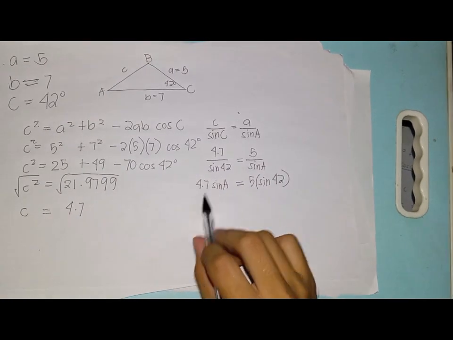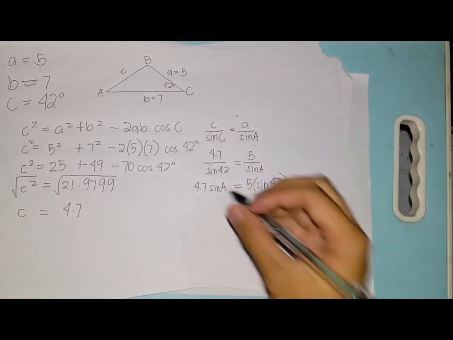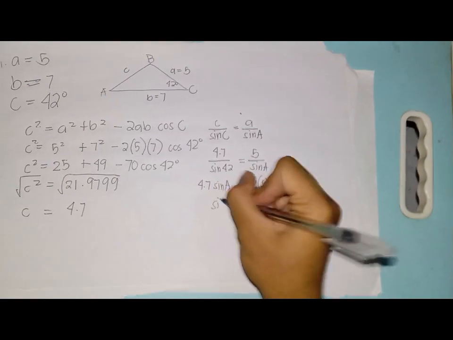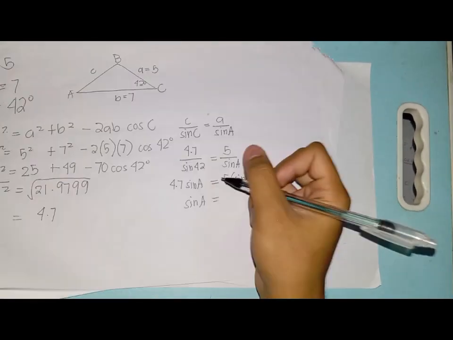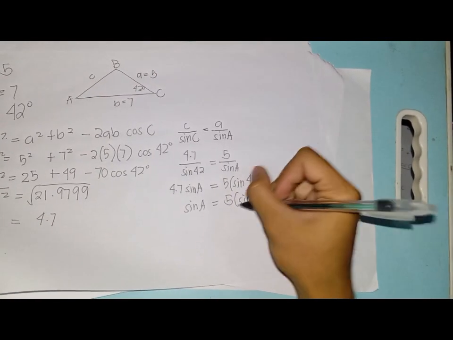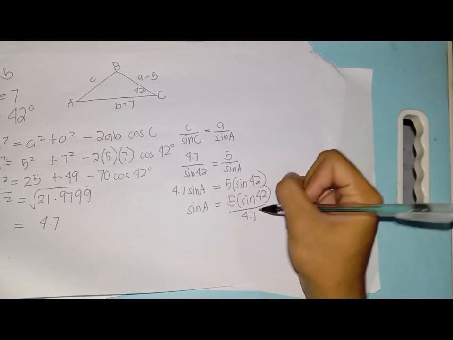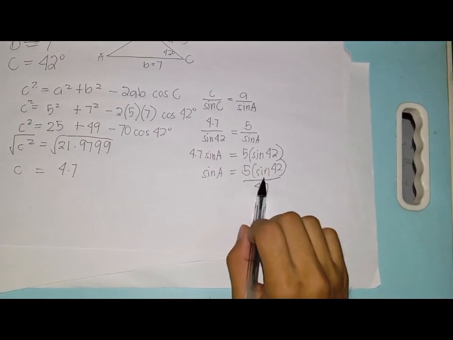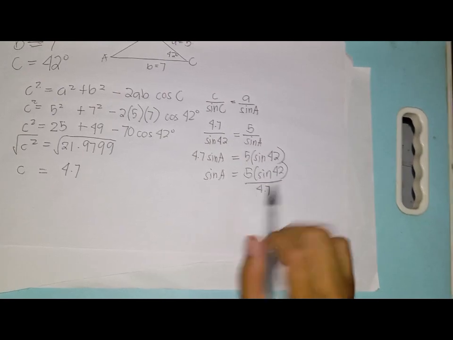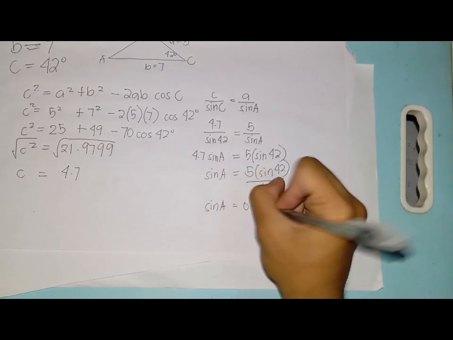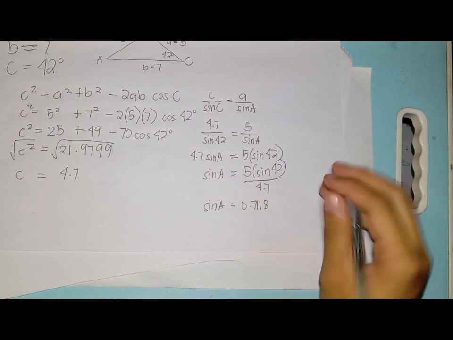So next, we are going to transfer 4.7 to the other side. So sine A is equal to 5 sine 42 over 4.7. So simplify. 5 times sine 42 divided by 4.7, we have 0.7118.